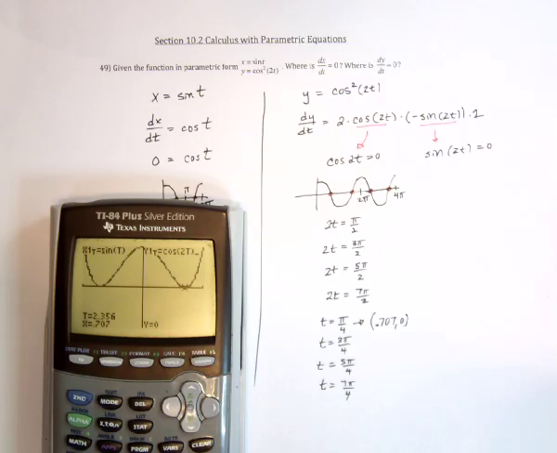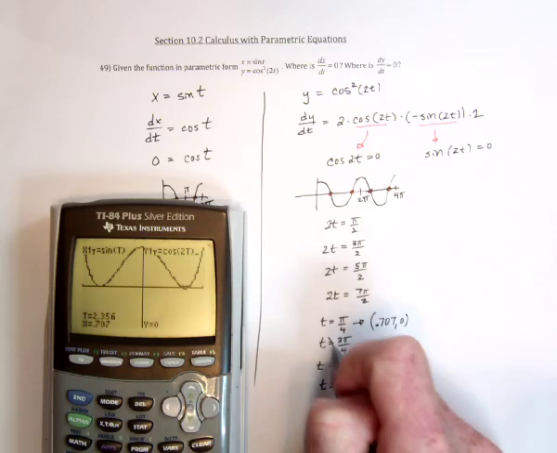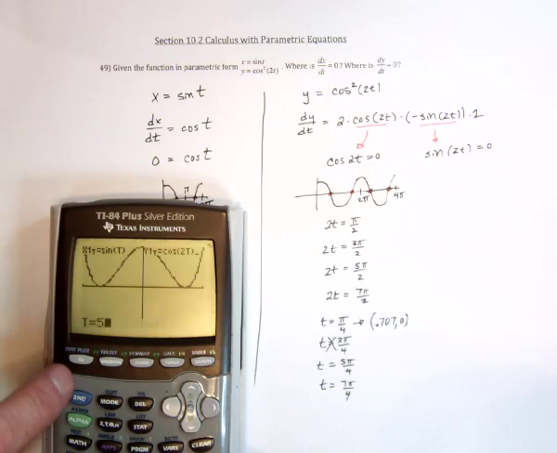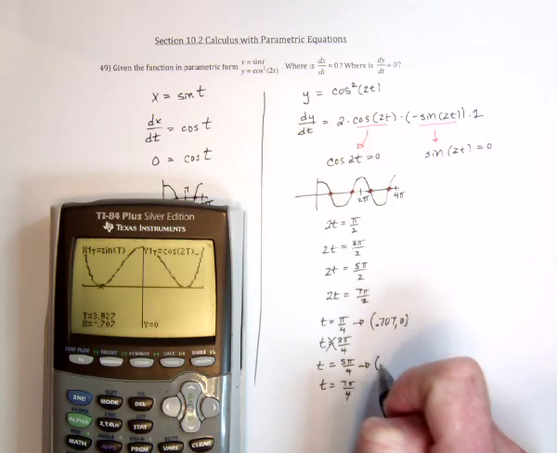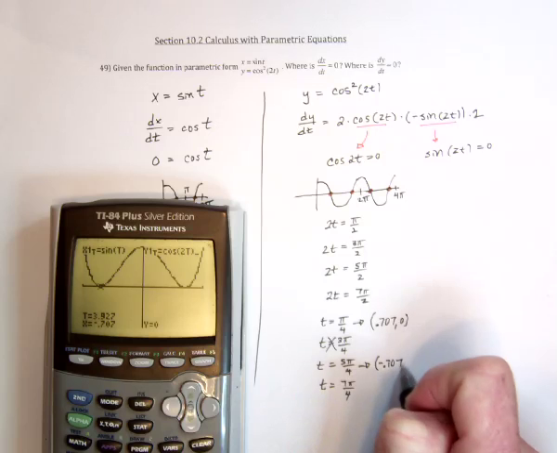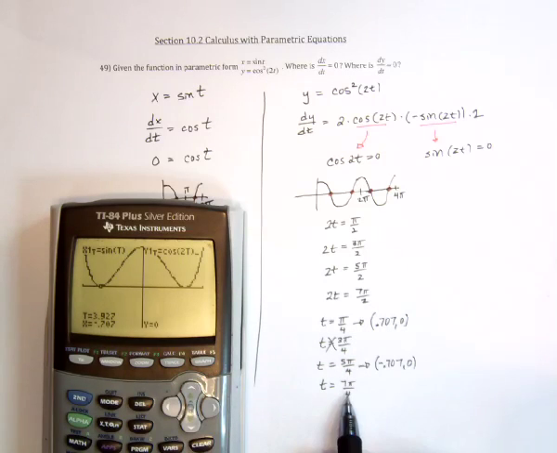That's repeat information, so we don't need that one. 5 pi over 4, that's that bottom part over there. So negative 0.707. What about this 7 pi over 4? 7 pi over 4, that's repeat information.